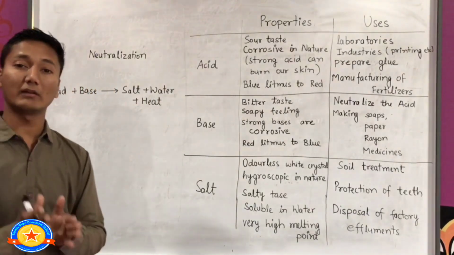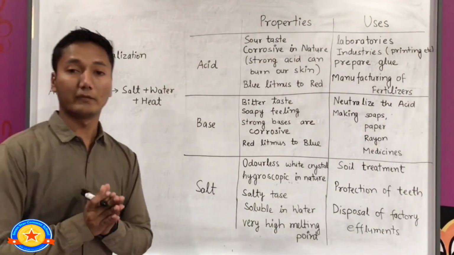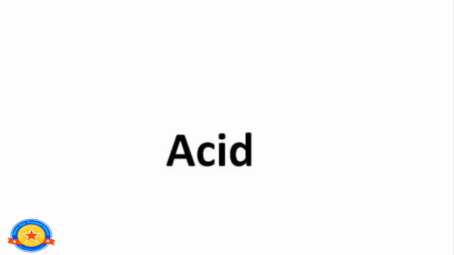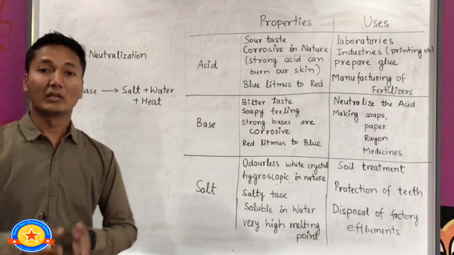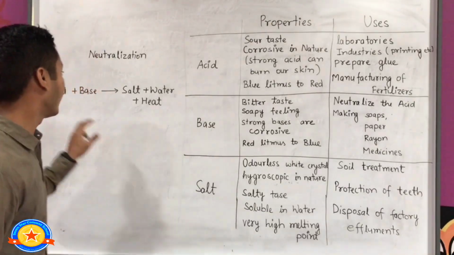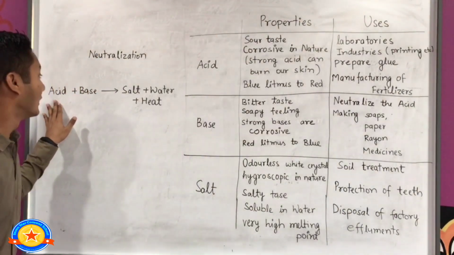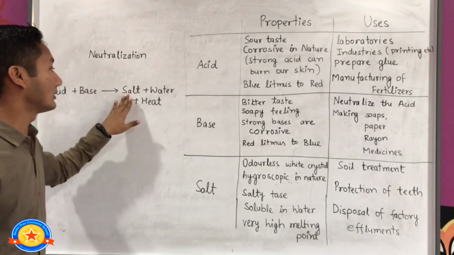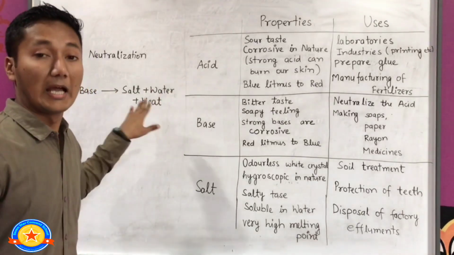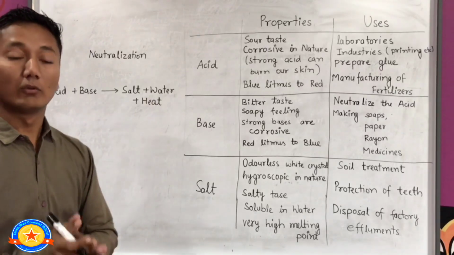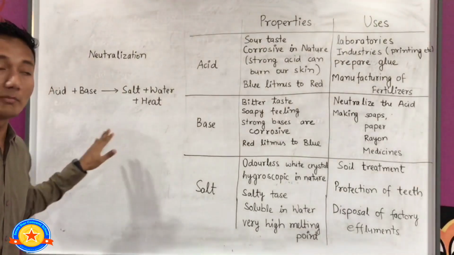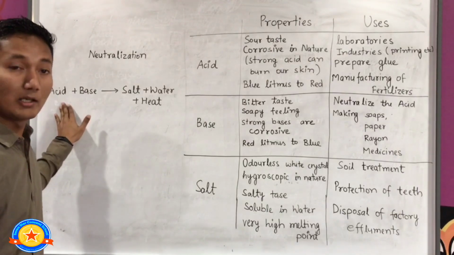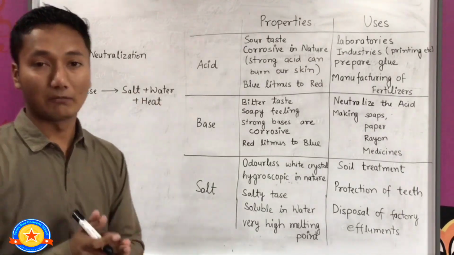From this process, today we will understand the definition of acid, base and salt. For the definition of acid, we can say acids are those materials which react with a base to form salt and water. And if somebody asks you what is base, then you can say bases are those materials which react with acid to form salt and water.